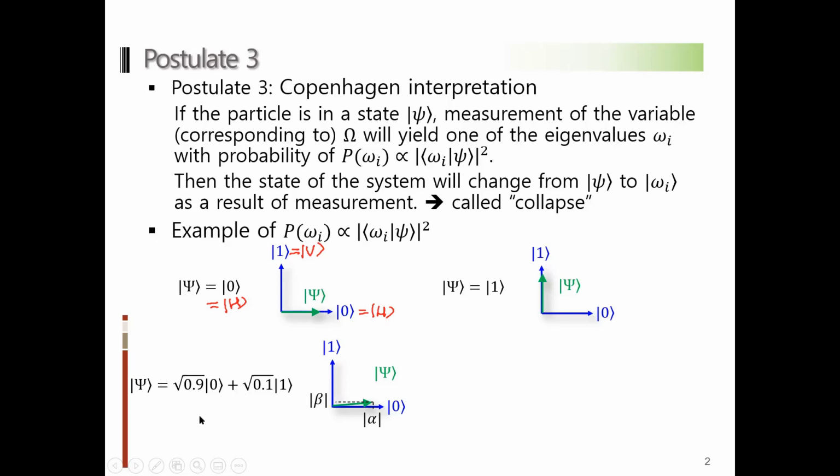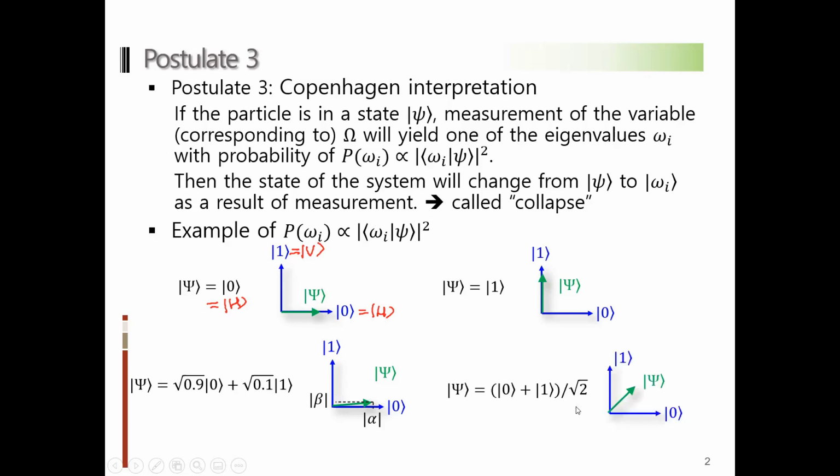The only way it will continue to give you zero is that the quantum state, which was originally superposed like this one, collapses to this definite zero state right after measuring zero. That is what this third postulate says.